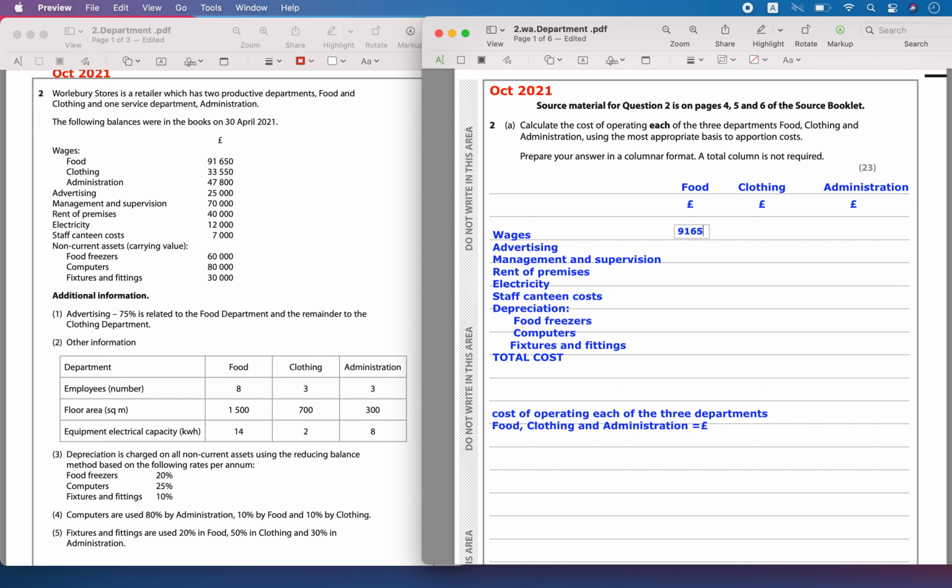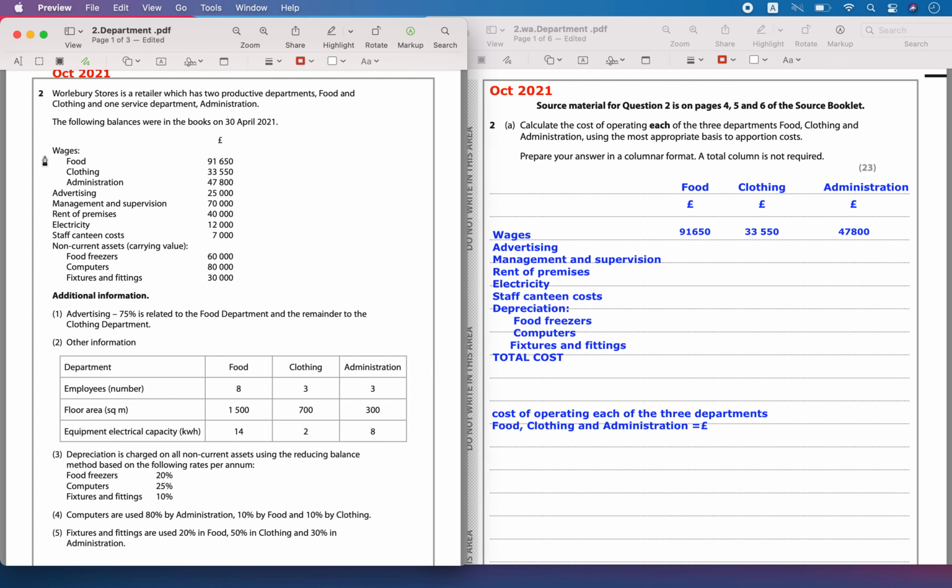It is 91,650 for food, 33,550 for clothing, and 47,800 for administration. Okay, so this is done.